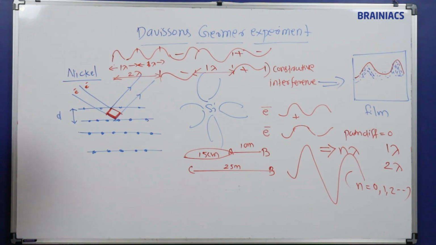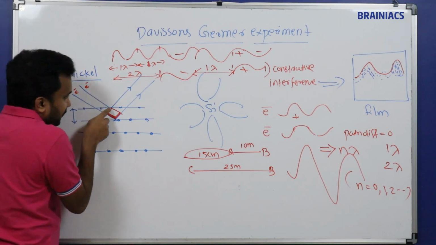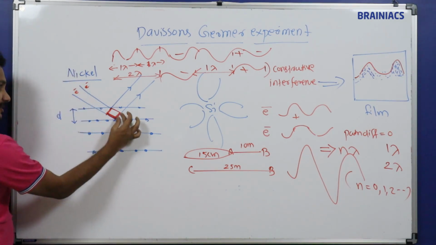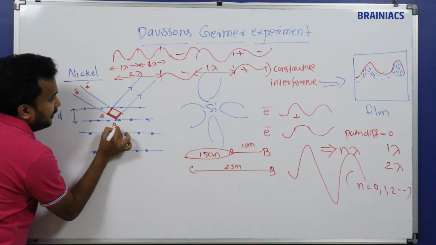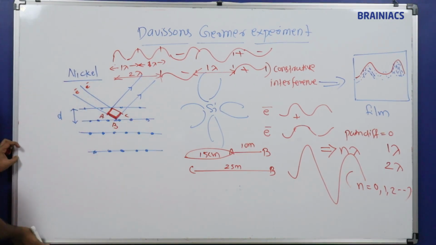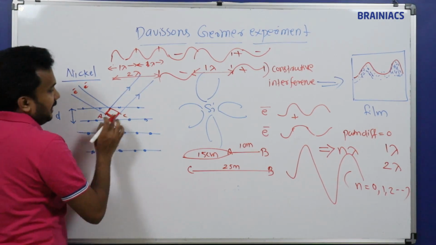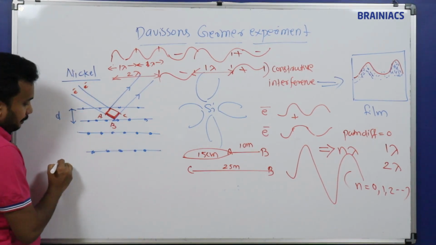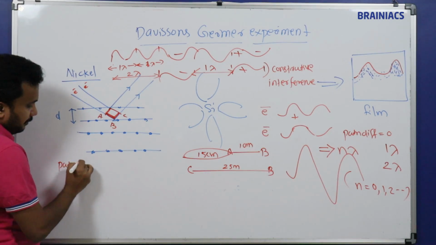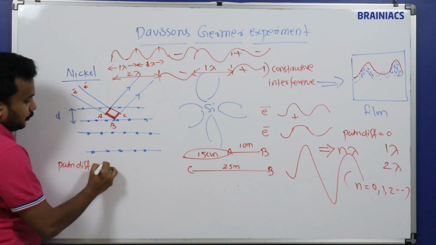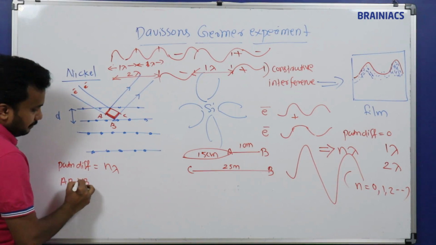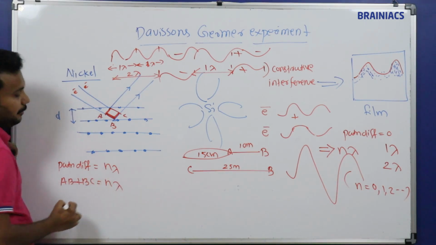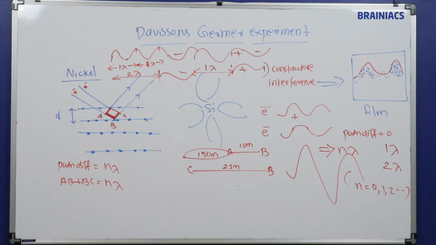So path difference means, with respect to the first ray, the second ray traveled this plus this. So I'll just mark it as A, B and C. How much extra will be traveled? The path difference is AB plus BC, equal to n lambda for constructive interference.